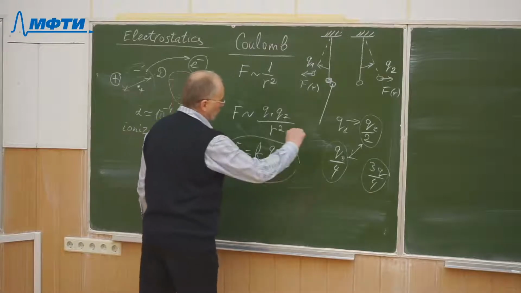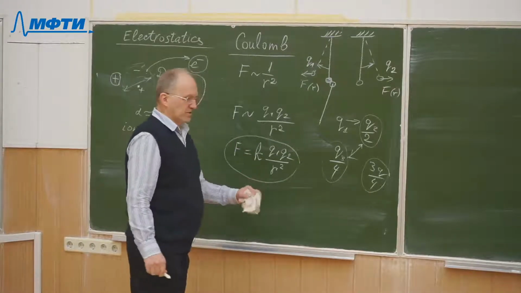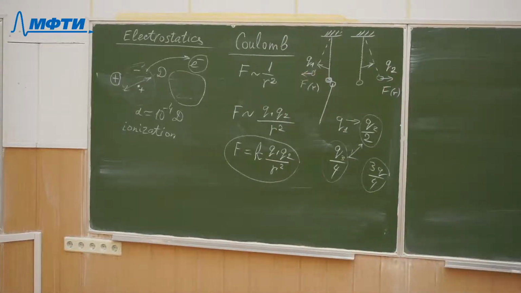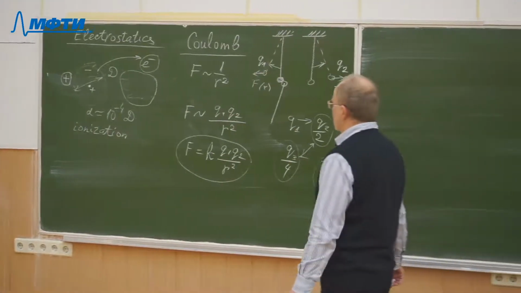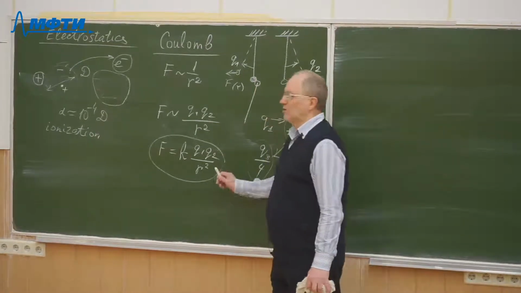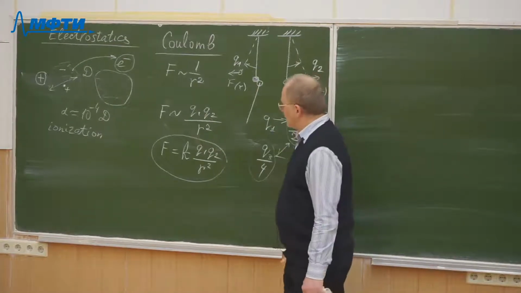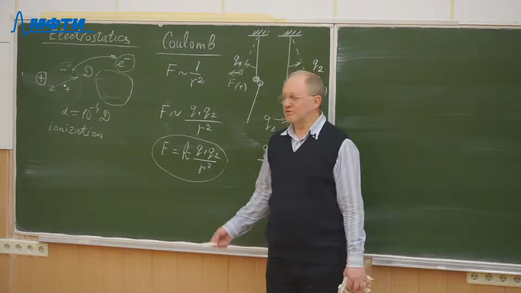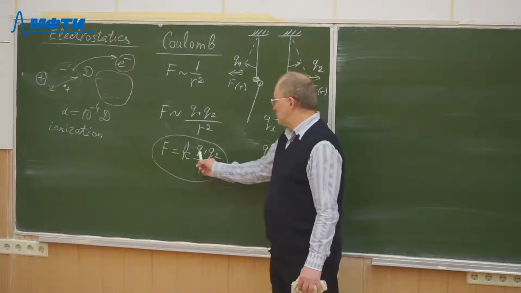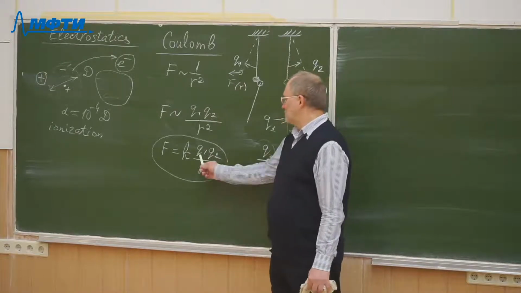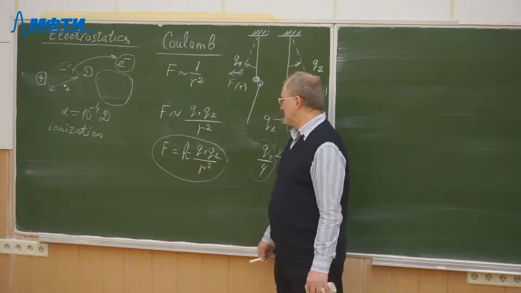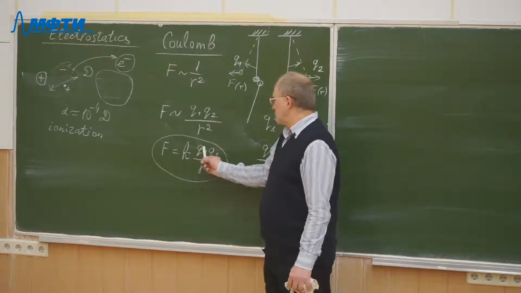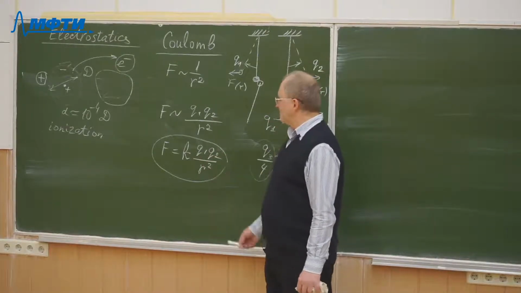This is the Coulomb law, which was discovered practically 100 years after Isaac Newton discovered his law of universal gravitation, which looks similarly. Only in Newton's law of universal gravitation we have masses of two gravitating bodies, two gravitating point masses. And in electrical interaction we have electrical charges here instead of masses.